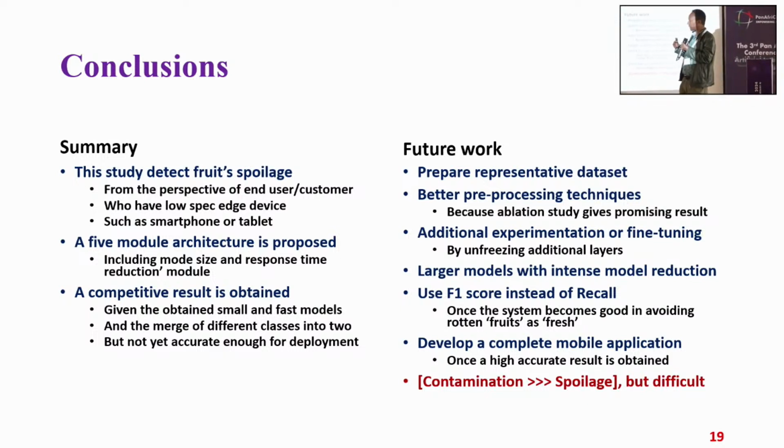If the mobile application can identify contamination, which is difficult for the end user, this research will be complete, and if the accuracy is increased and the response time and model size are reduced, this will be a very fine work. And this opens a research problem for you.